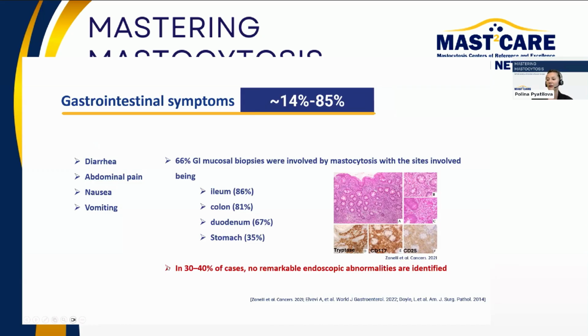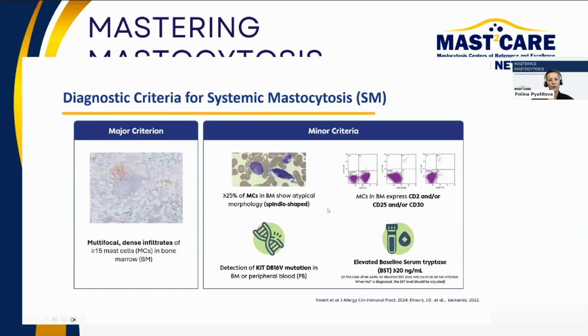But what is interesting is that in many cases nothing is seen endoscopically. The mucosa looks absolutely normal. So this is not an obligation to diagnose this patient. The symptoms are enough to undergo further procedures.